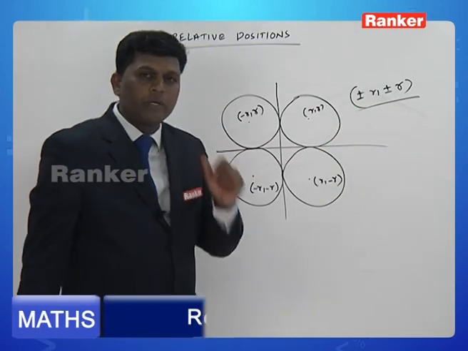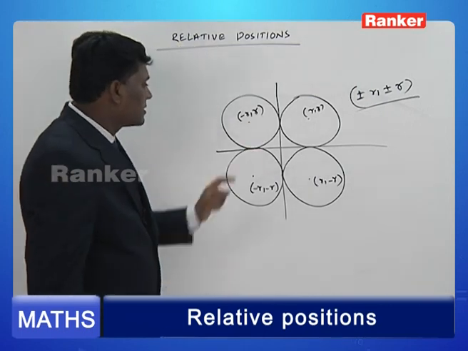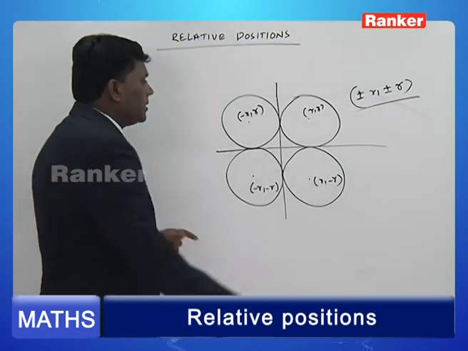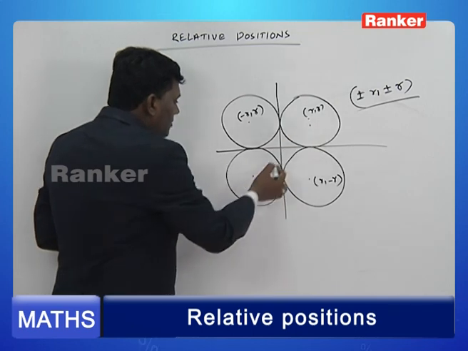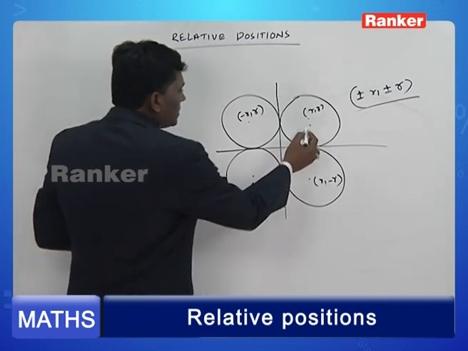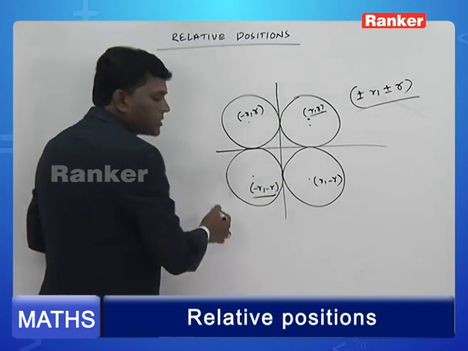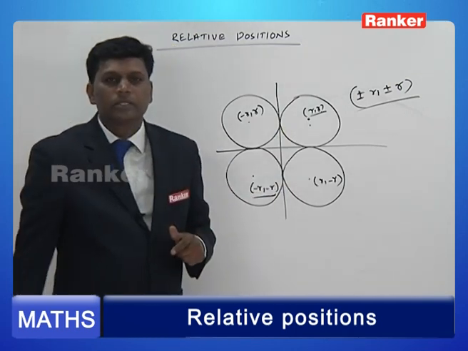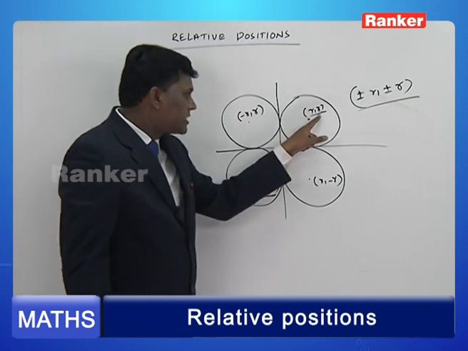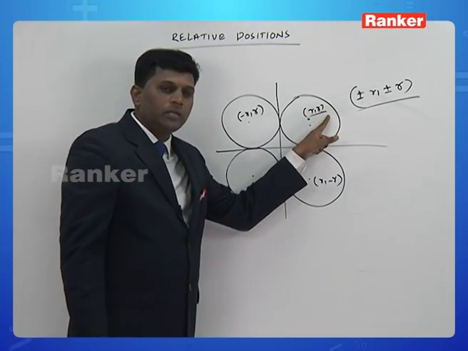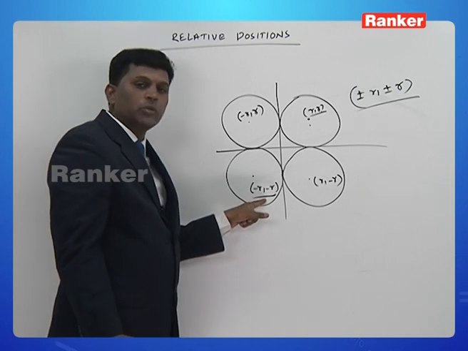We can also take one more important point in these four circles, observing closely. If a circle is touching both the axes in the first and third quadrants, the centers, if you have a close look, are (r, r) and (-r, -r). Here abscissa and ordinate are both equal, and in this also abscissa and ordinate are both equal.